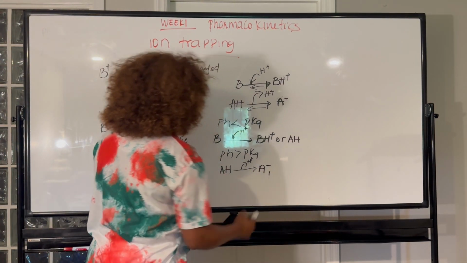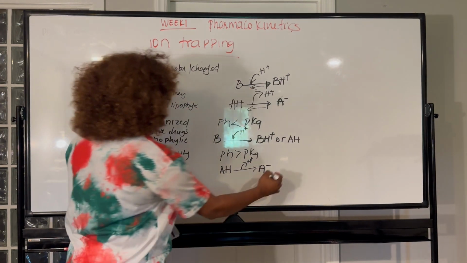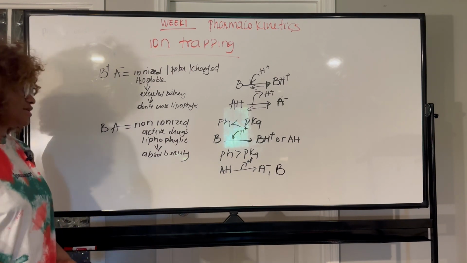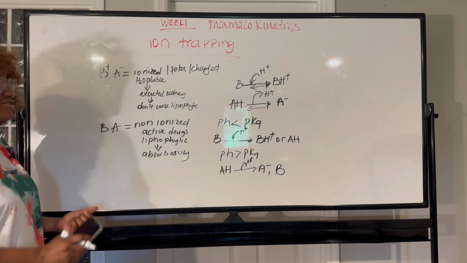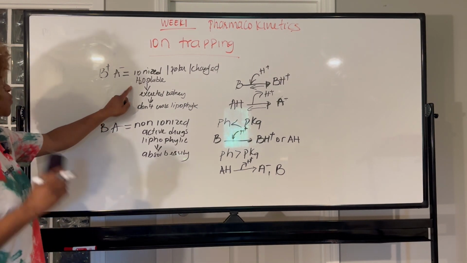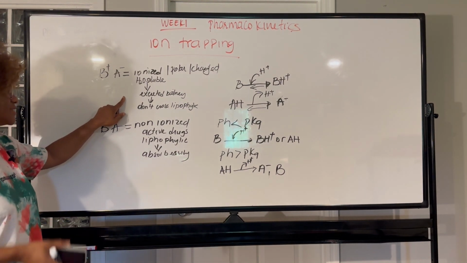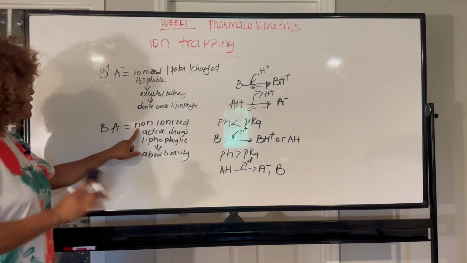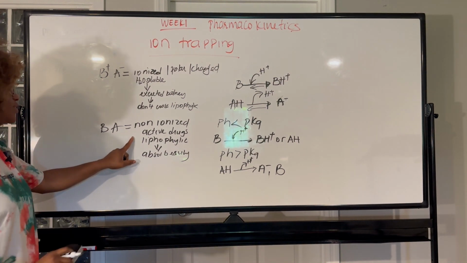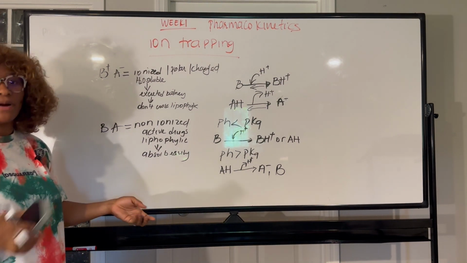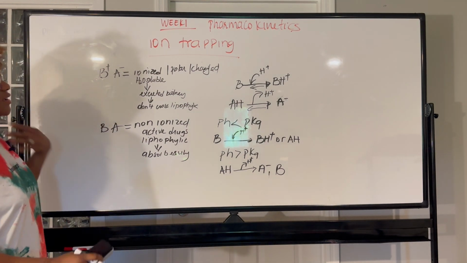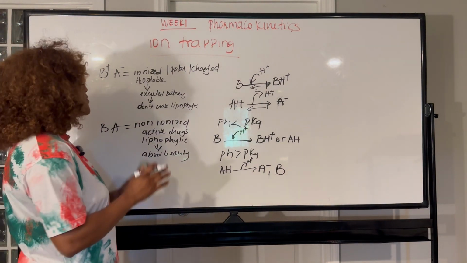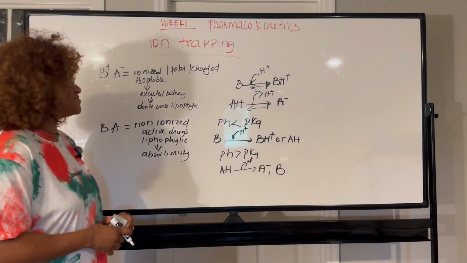But my base, if we look back at the reaction, is gonna be uncharged. So in an alkaline environment, my acid becomes charged. It's ionized, water soluble, not that active, and easily excreted by the kidney. But my base is non-ionized, an active drug, readily absorbed by other compartments in the body. If we have this understanding, now we can jump into the ion trapping mechanism.